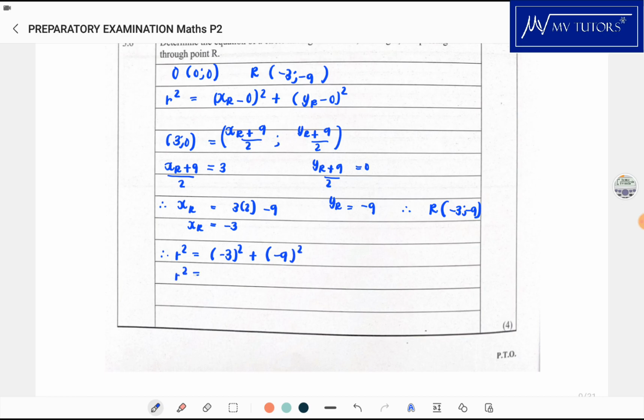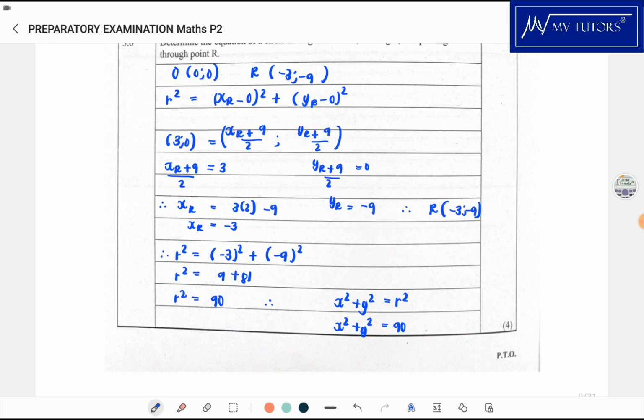So r squared is basically minus 3 squared, that's 9, plus minus 9 squared, that's 81. So r squared is 90. Therefore, the equation of our circle, x squared plus y squared is equal to r squared, is x squared plus y squared is 90. All right, and we are done with that portion.